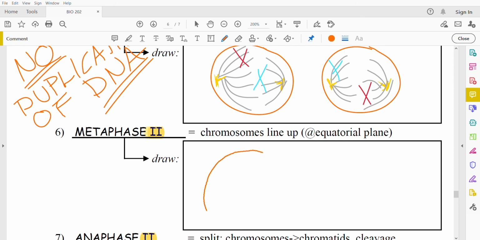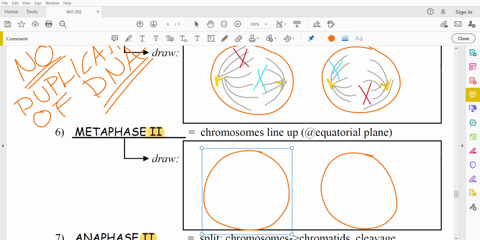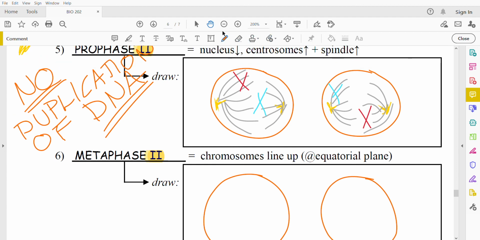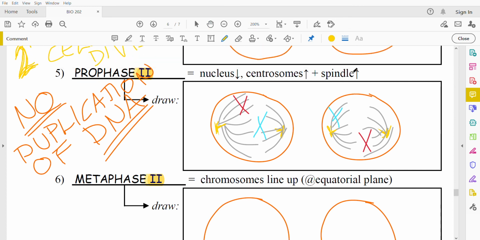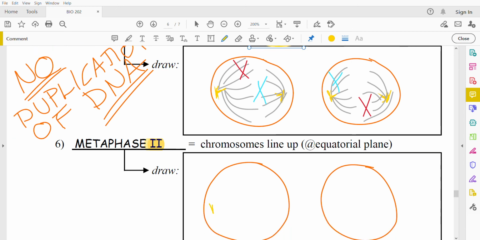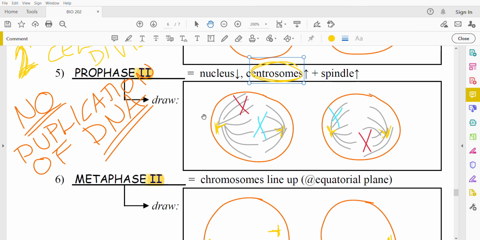Again, we're going to draw the cells. We're going to see our centrosomes. I'm trying to do the color coding here. We're seeing also our spindle.